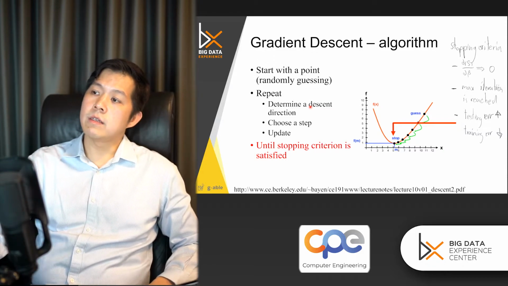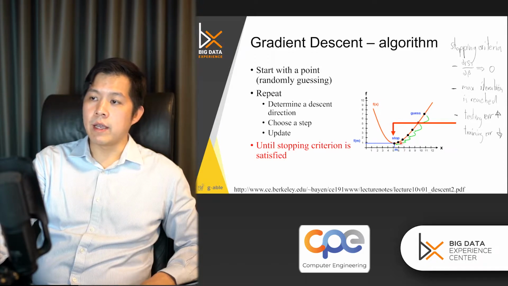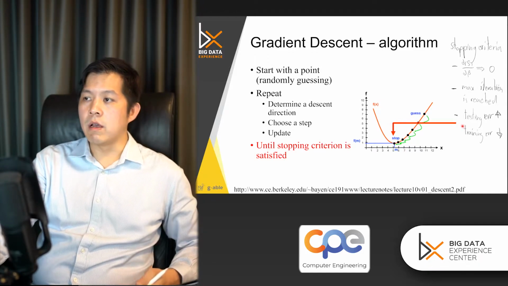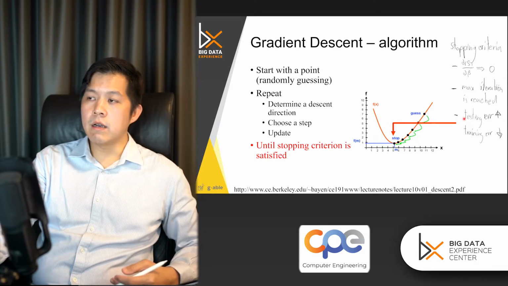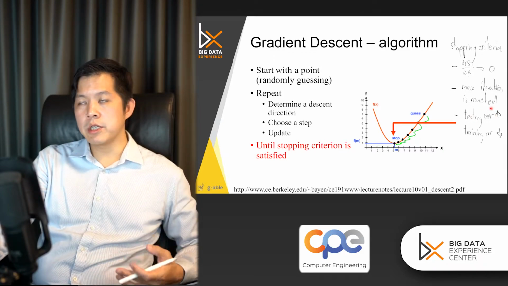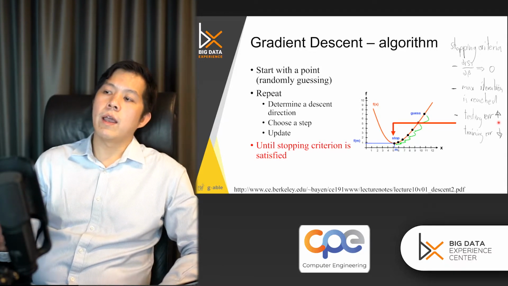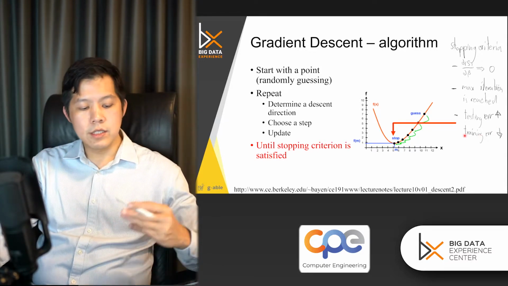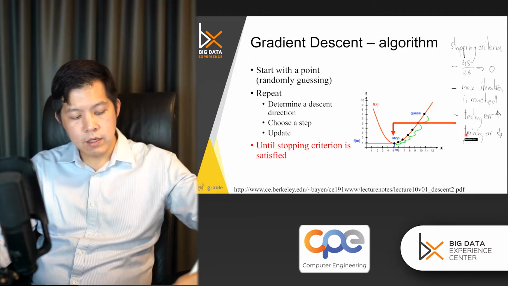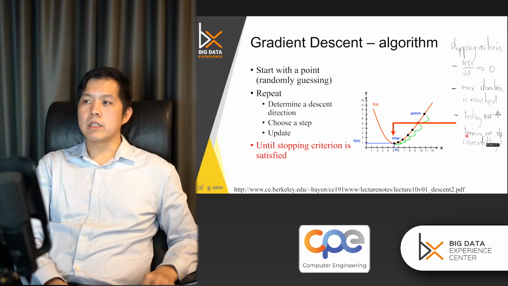Because if you find, after doing the optimization, that the more you optimize the model, the more the testing error increases, right? The optimization increases the testing error while reducing the training error. This is the condition called overfitting.